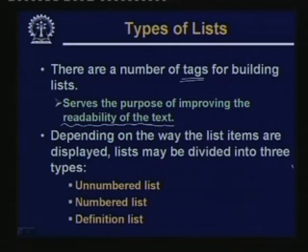There are several different kinds of lists supported, and these lists vary depending on how the so called list items are displayed. You can have a distinction between unnumbered lists, numbered lists and definition lists. These are broadly the three different kinds of lists supported by HTML. We shall be looking at these different types of lists one by one and how we can create lists using them.